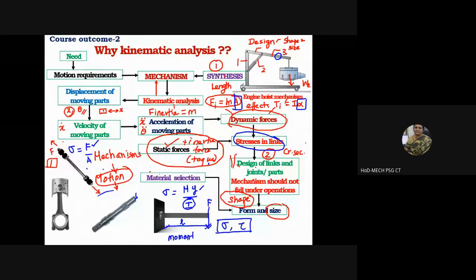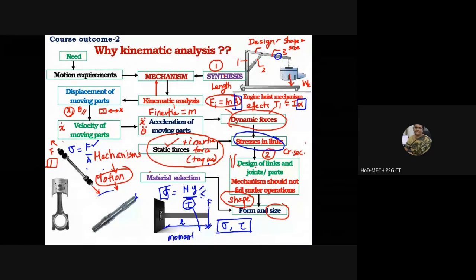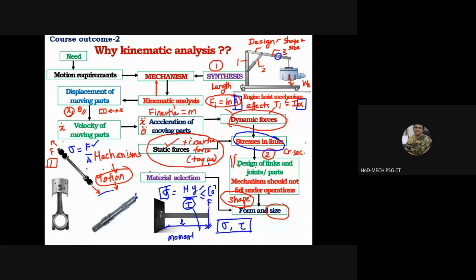So again, it depends on the cross-sectional dimensions. You will be able to find out the stress only if you know the cross-sectional dimensions, or if you know the material and the allowable stress, then you will be able to find out the moment of inertia. Based on this, you will be able to decide on the cross-sectional details, the shape and the size.